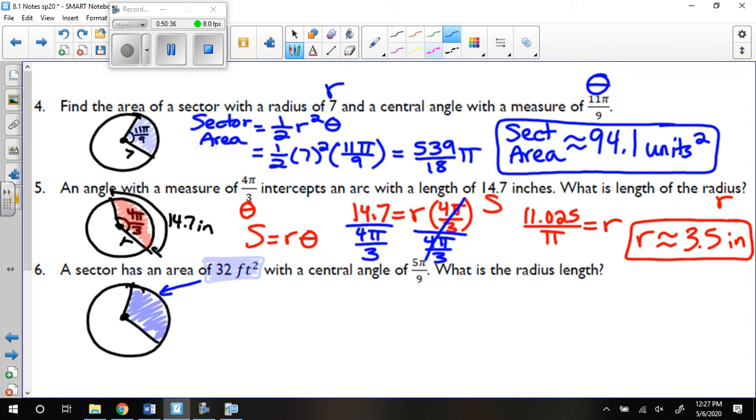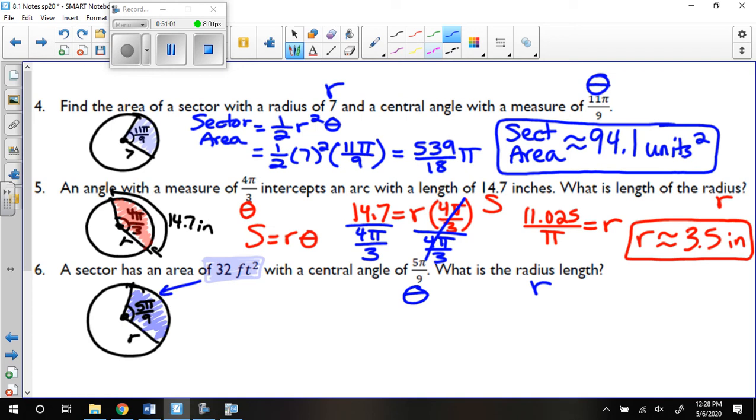The central angle is 5 pi over 9. So this angle right here, 5 pi over 9. And we're asked, what is the radius length? Okay, so you have your angle in radians, that's theta. They're asking you for your radius length.